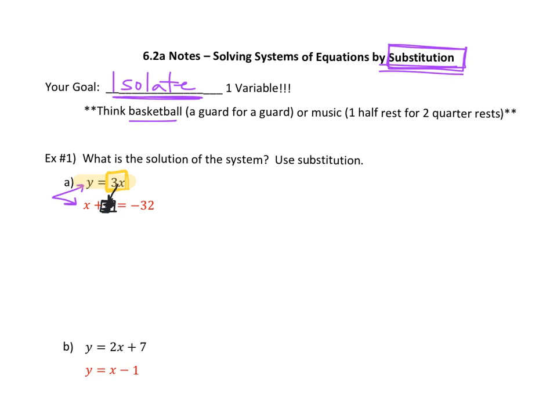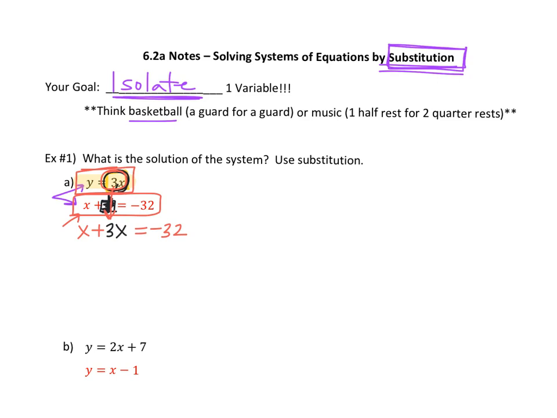So I'm just going to rewrite this equation: x plus the 3x that we're going to substitute equals negative 32. When we started, this had 2 variables, x and y, and we can't solve that. But because this equation says that y is equal to 3x, I can put that 3x in place of my y, and now I can solve it because now it only has x's.